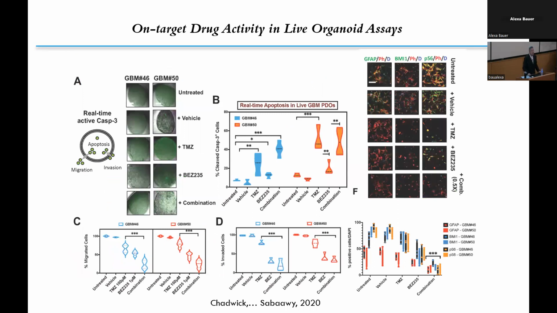We also incorporated in these organoid models biomarkers that could be useful in the clinic. For example, my lab is focused on BMI1, so if you look at the IHC, we could do a multiplex IHC for both BMI1 and readouts for the targeted therapy, phospho-S6 as a readout of PI3K signaling.